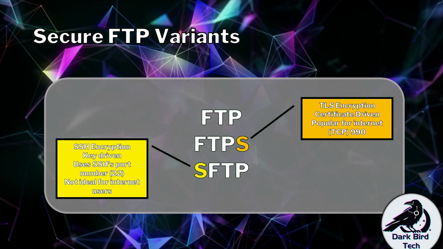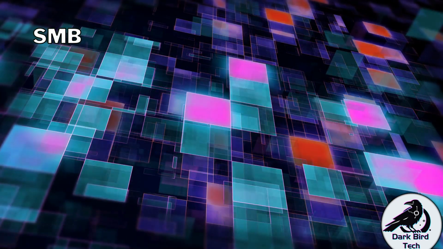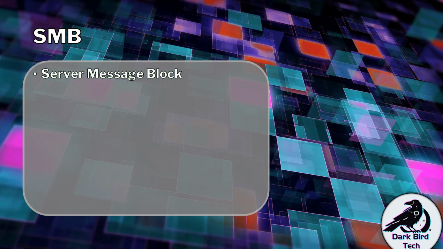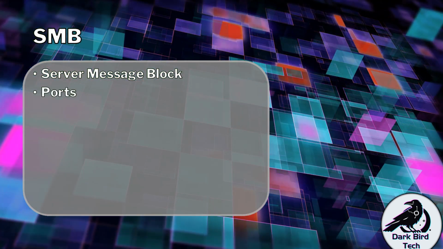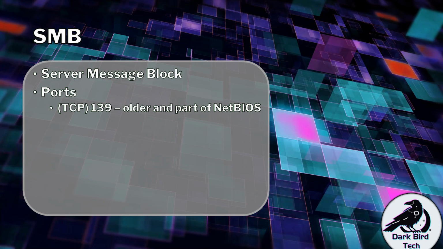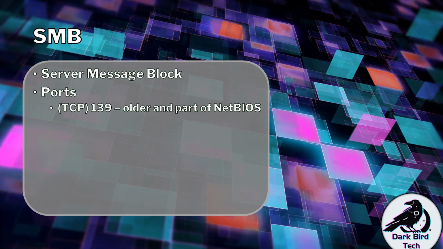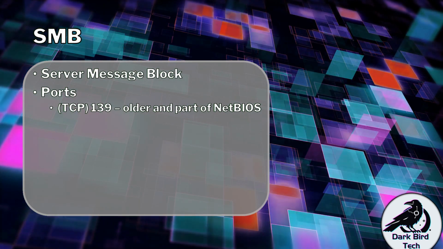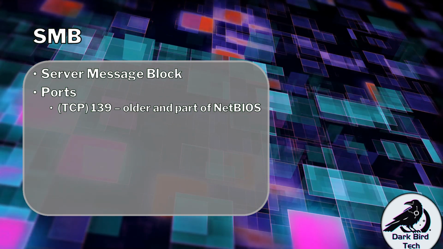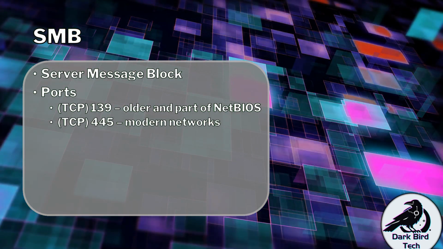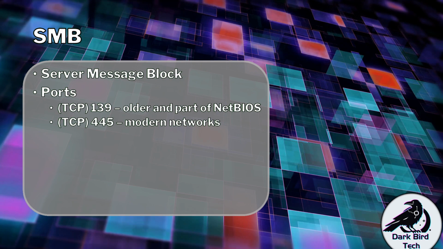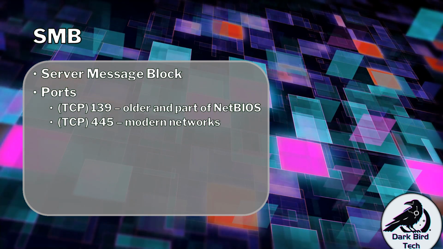Now, for newer protocols, a very popular one is SMB, or Server Message Block. It runs on a couple ports, using port 139 with TCP if it's running in an older environment that still uses NetBIOS. In more modern networks, it's usually running on port 445. Again, also using TCP for transport.